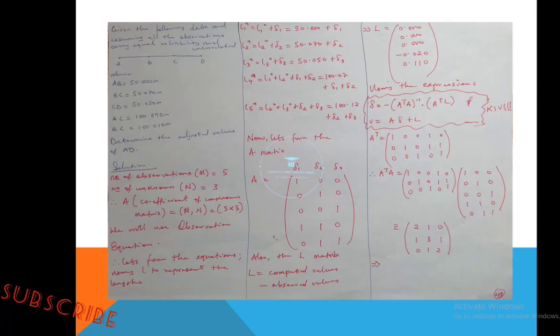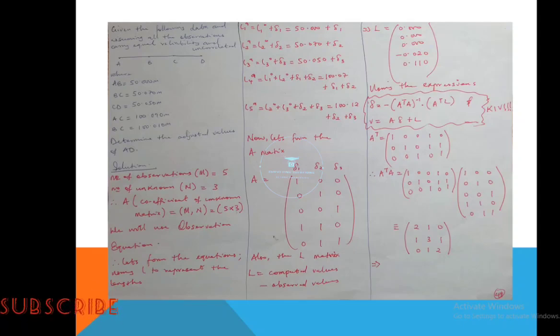The least squares method of adjustment is the best and the most rigorous. So we are going to use the observation equation method of least squares adjustment to solve this problem.